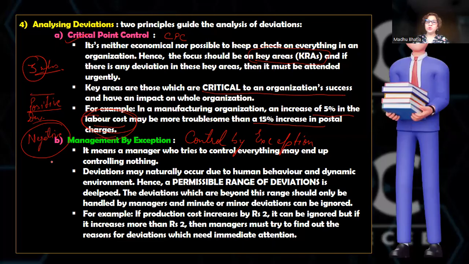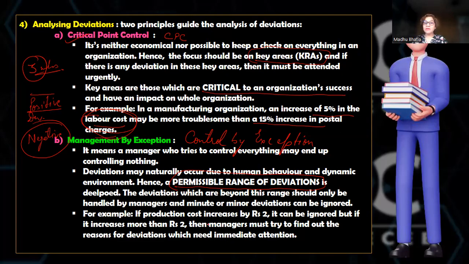So what do the managers do? They develop a permissible range of deviations. What is this permissible range of deviations? It's a range which will allow the deviations to happen. If the deviation is within this range, then it can be ignored. But if it goes beyond this range, then it should be immediately controlled and brought to the notice of upper levels of management.